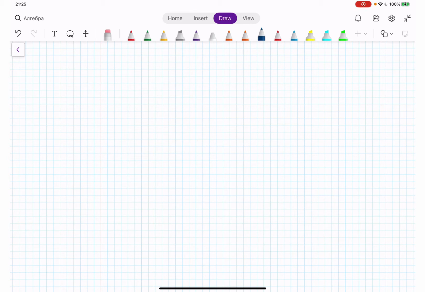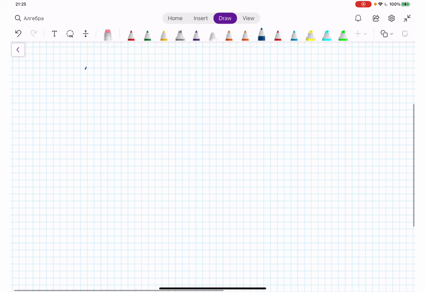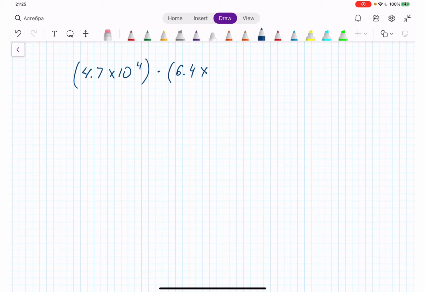So, the first operation that we are going to do: 4.7 times 10 to the power 4, and then multiply 6.4 times 10 to the power 15.